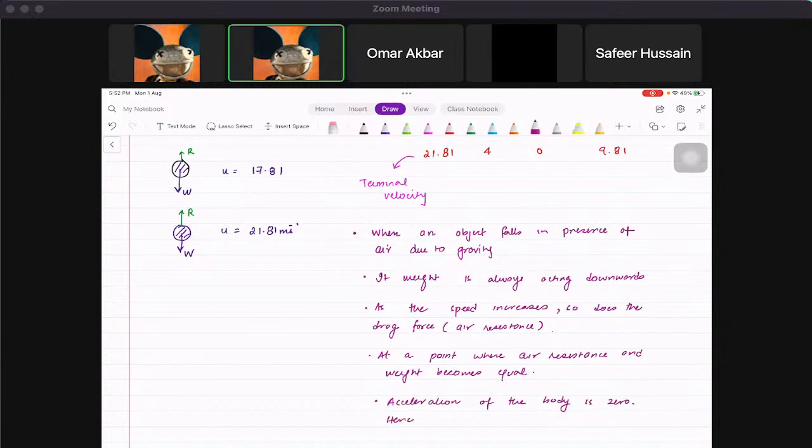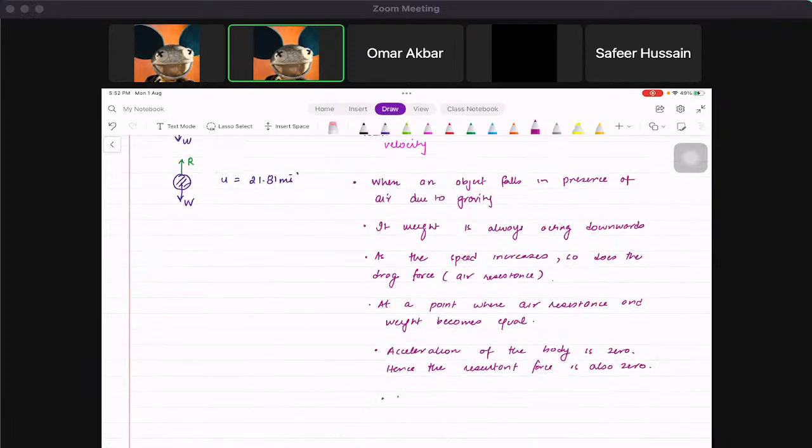Hence, the resultant force is also zero. The object reaches a constant velocity because there is no net acceleration, known as the terminal velocity.